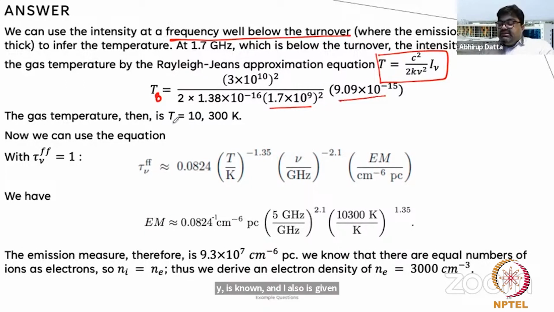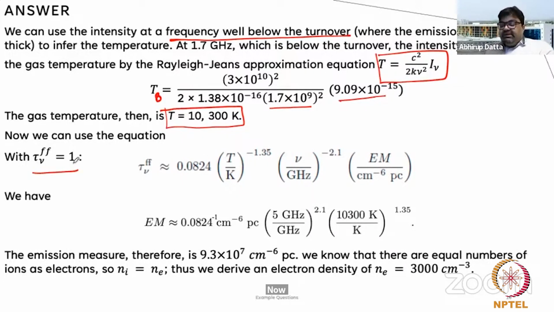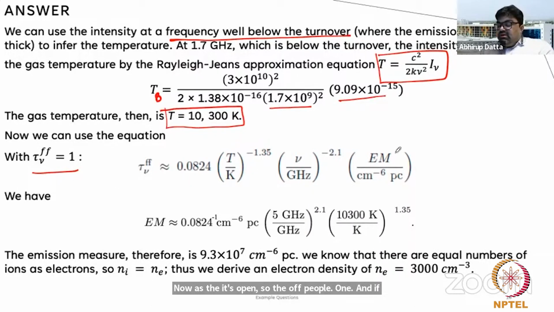So that brings us the brightness temperature, or the gas temperature, equal to 10,300 Kelvin. Now, as it's opaque, the optical depth is equal to 1. And if that is so, then you can write it down in terms of the temperature.